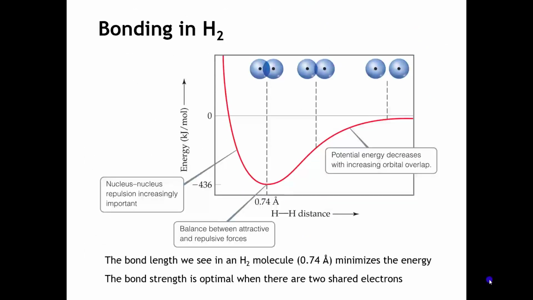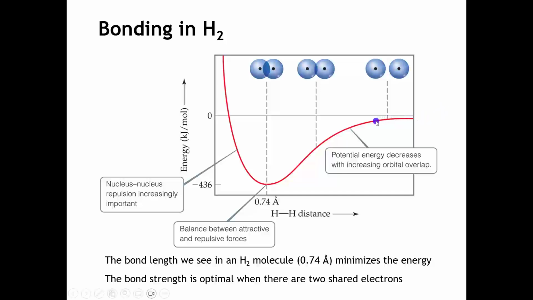So we can make an energy graph as a function of the distance between the two hydrogen nuclei, the internuclear distance, if you will. And what we see is that out at very far distances, when the hydrogen atoms are well separated from each other, there's minimal overlap of the orbitals, and we asymptotically approach what we're calling zero energy. Zero energy here refers to the energy of two hydrogen atoms that have no interaction with one another.